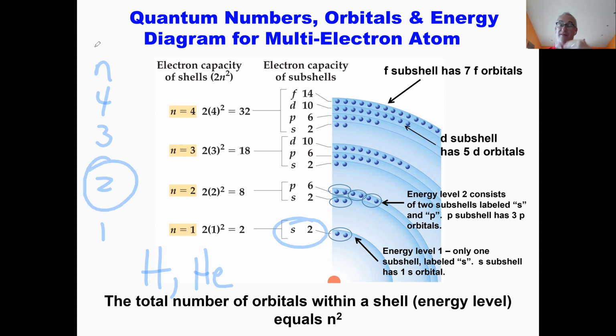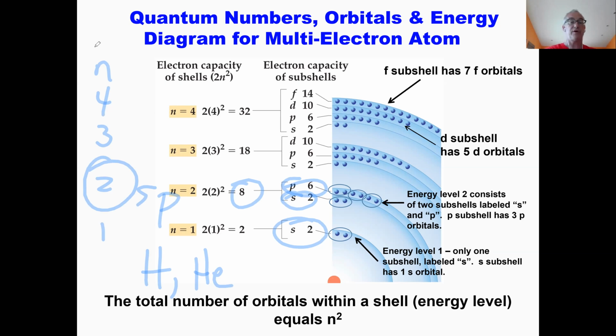Now that we've moved to the second shell, it has 2 subshells, S and P. S has 2, P has 6, so we have room for 8 electrons. Once we get to 10 electrons, the first shell and the second shell are completely filled. Then we move to the third one.